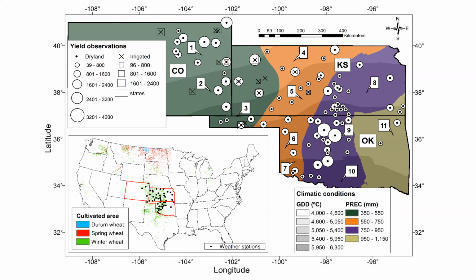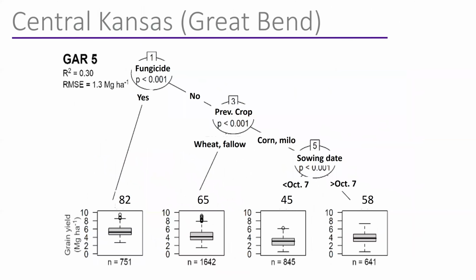And how have variety traits affected yield in the last 20 years? Just looking at this region 5, where Great Bend is located, trials that received a foliar fungicide were the highest yielding ones, and they averaged about 82 bushels per acre in the last 20 years.